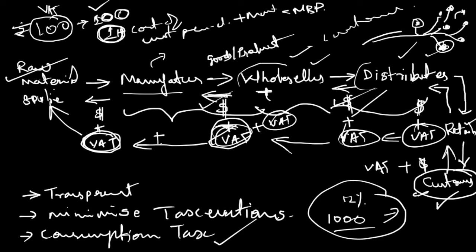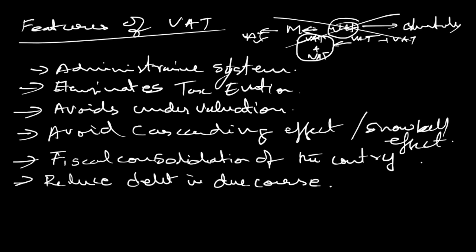Everyone is charging, so there is no debt. In the final bill it is implied that those people are charging their VAT. So it will reduce the debt in due course. It stops the unhealthy tax rate war.